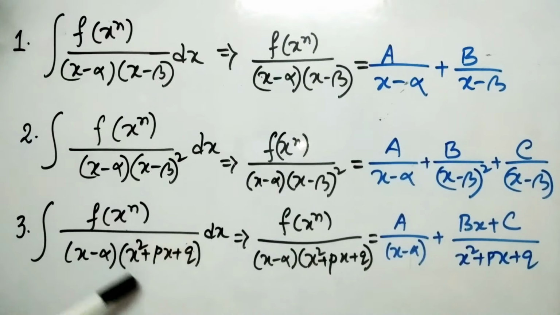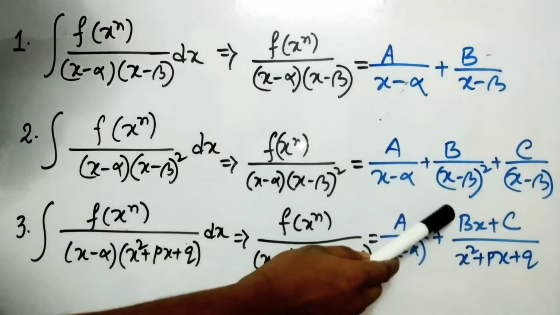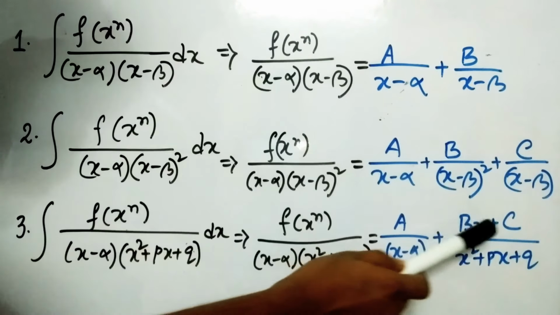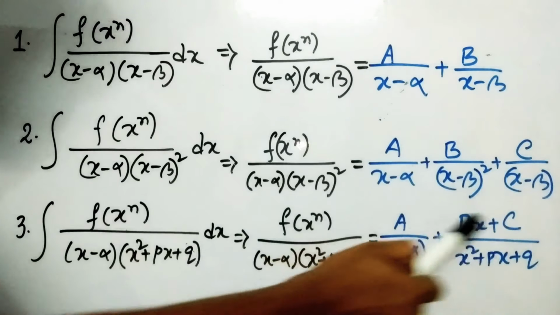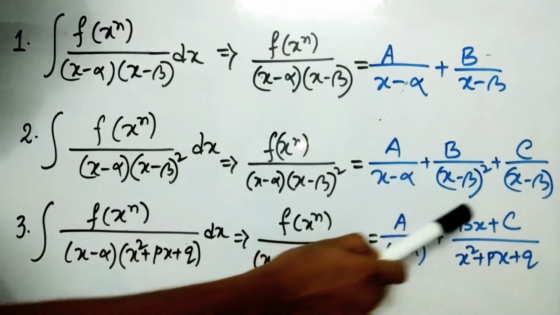For this quadratic expression, we have to take bx plus c in the numerator and x square plus px plus q in the denominator. Here the degree of the denominator is 3, and we have taken three constants in the numerator: a, b and c.